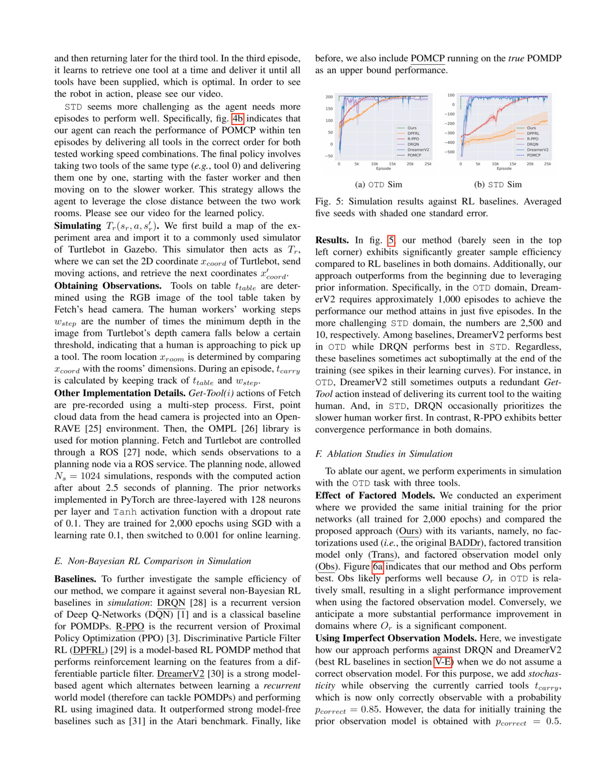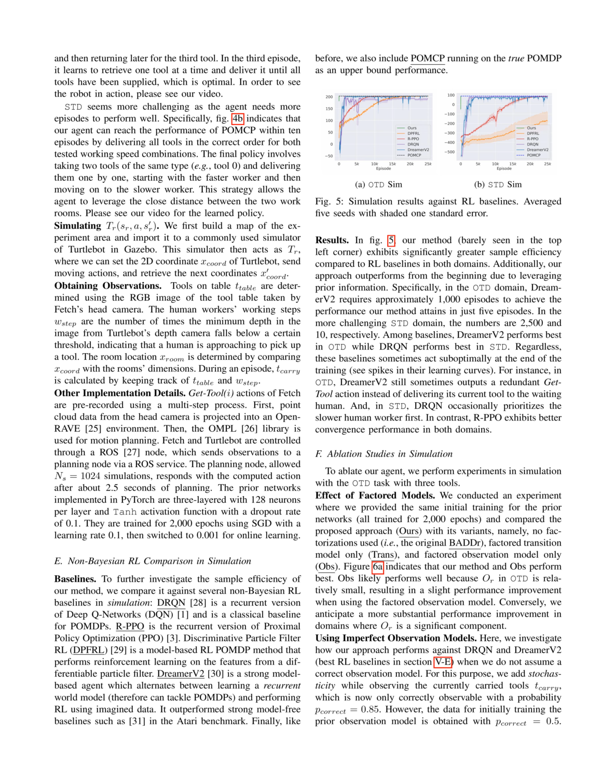Figure 6a indicates that our method and obs perform best. Obs likely performs well because O_R in OTD is relatively small, resulting in a slight performance improvement when using the factored observation model. Conversely, we anticipate a more substantial performance improvement in domains where O_R is a significant component.